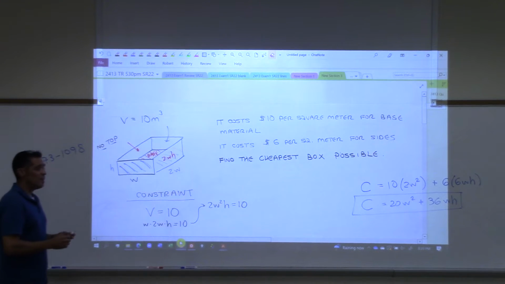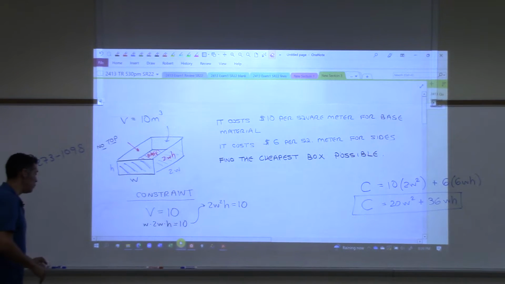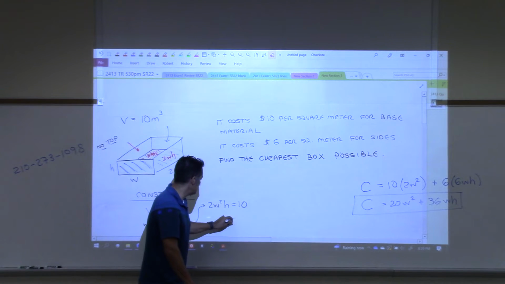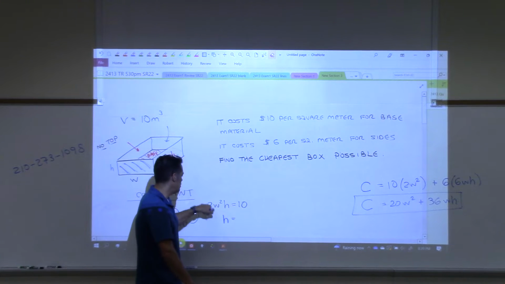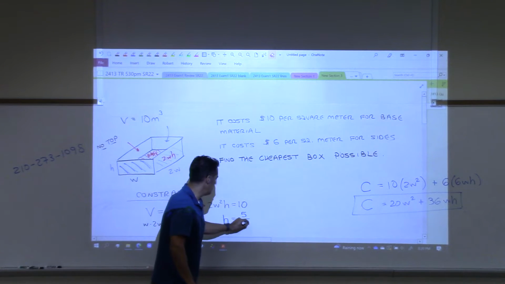And I can solve that equation for either W or H. It's up to me. I'm going to solve it for H because it's easier. I don't have to take a square root. So H is equal to, divide both sides by 2W squared, and you get 5 over W squared.